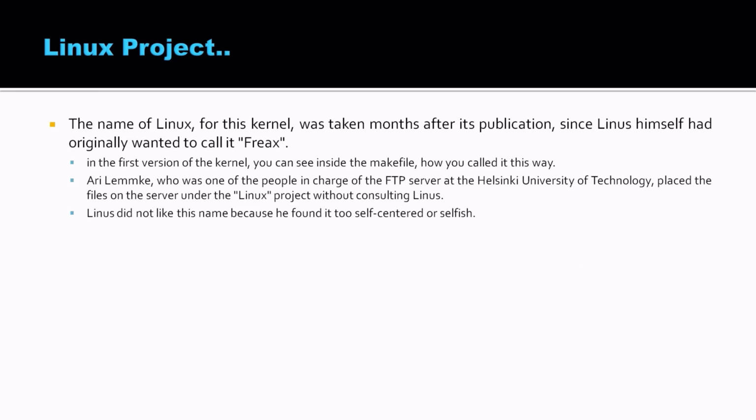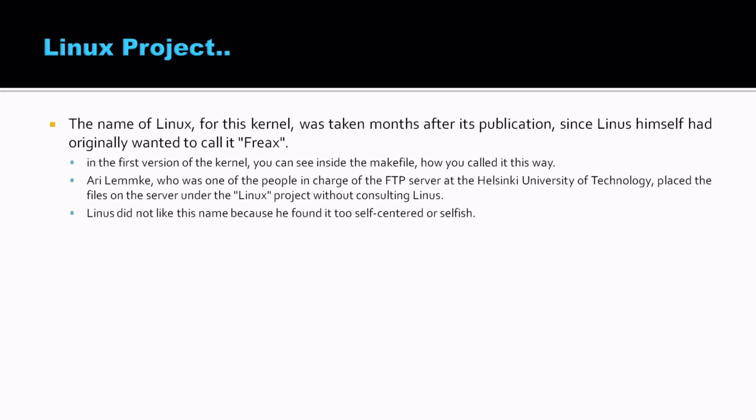The name Linux for this kernel was taken months after its publication, since Linus himself had originally wanted to call it Freax. In fact, in the first version of the kernel, you can see inside the makefile that he called it this way. Finally, Ari Lemmke, one of the people in charge of the FTP server at the Helsinki University of Technology, placed the files on the server under the name Linux without consulting Linus.